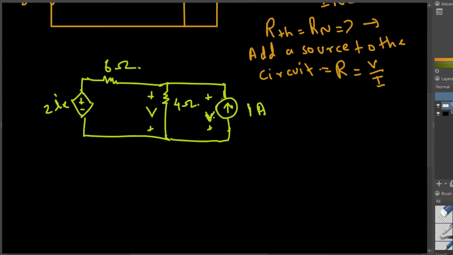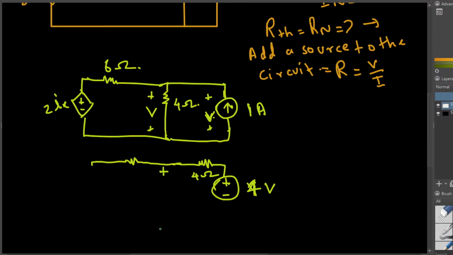So 4 times 1, that is a 4 volt voltage source, because V is equal to I times R. This current source is going to be replaced with this 4 volt source, and the resistance remains the same. We are going to have the resistance in series. So this 4 ohm resistor comes in series, but we still need to find out the voltage.